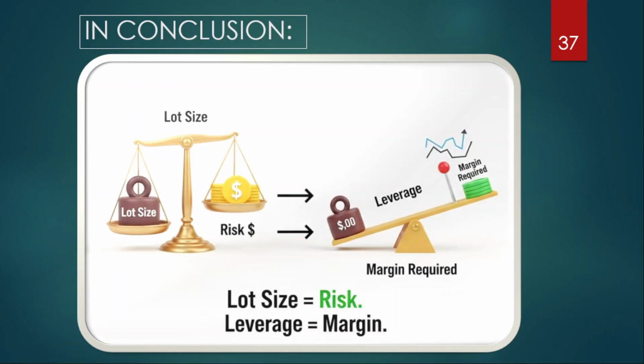And the leverage that you are using is equal to what we call your margin. You cannot trade beyond the leverage that you are using. Hence, that is equal to the margin that you are allowed to use. We'll talk about the margin deeper on the next slide.